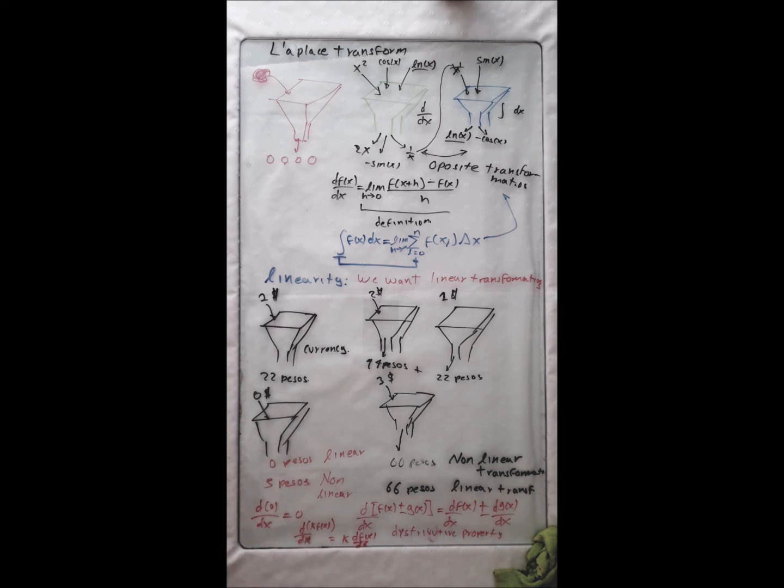And that is true because in the currencies example, if you do the multiplication times 2, it should be the same as making the transformation and then times 2. So the constant can be taken outside of the transformation. And that is a linear transformation. A linear transformation combines this distributive property, the constant outside, and the zero.